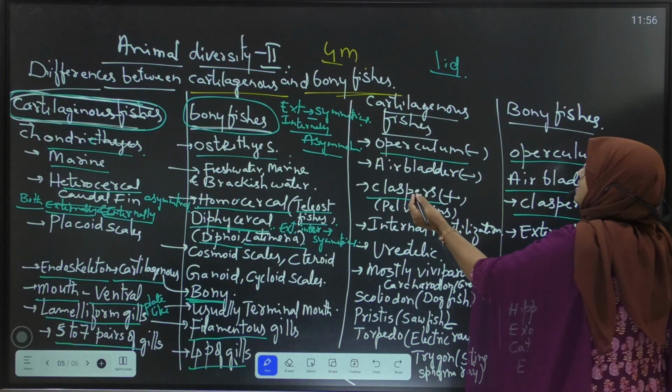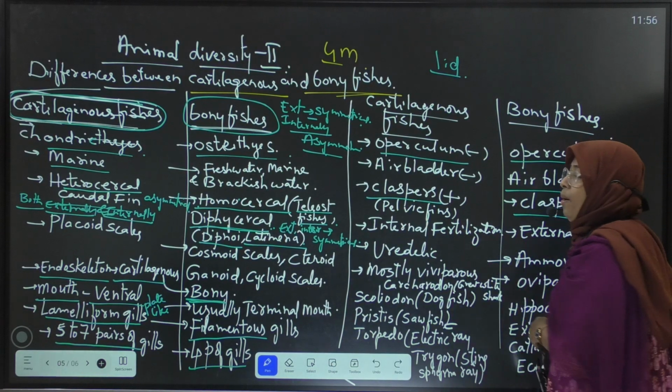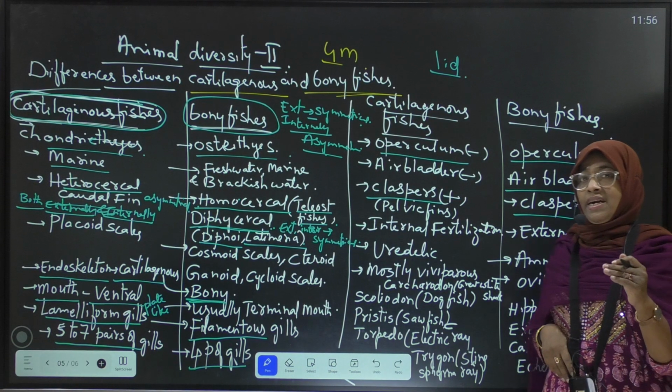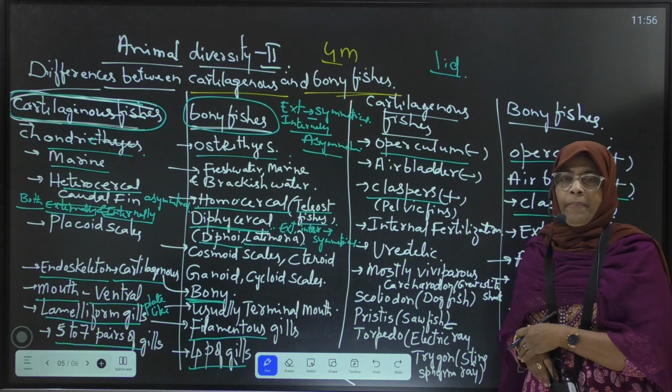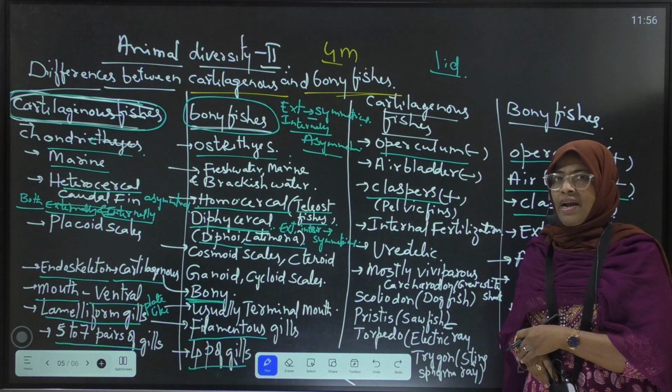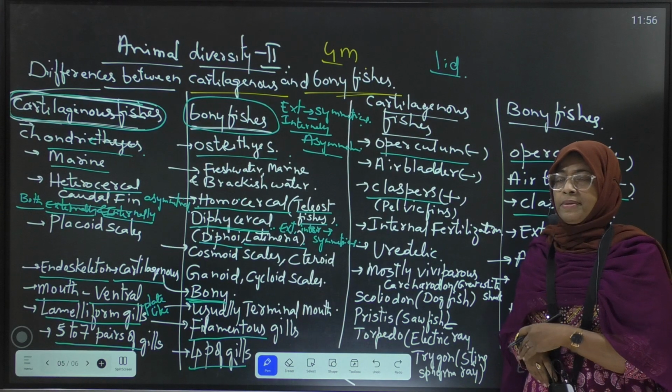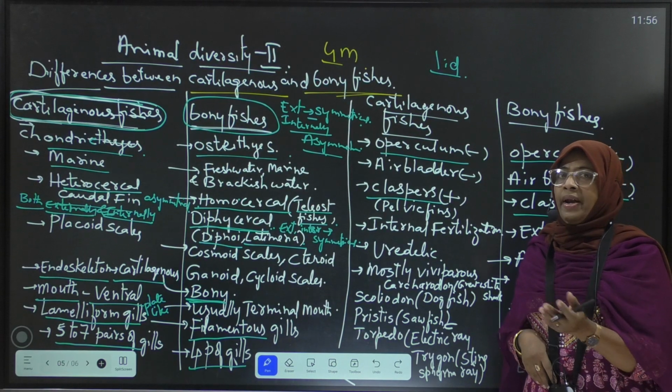What are claspers? These claspers are the copulatory organs of the cartilaginous fishes which are present on pelvic fins. Fins are the locomotory organelles. Fins are of two types, paired fins and unpaired fins.